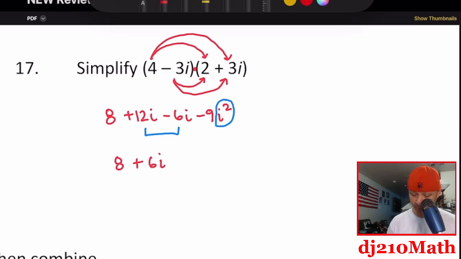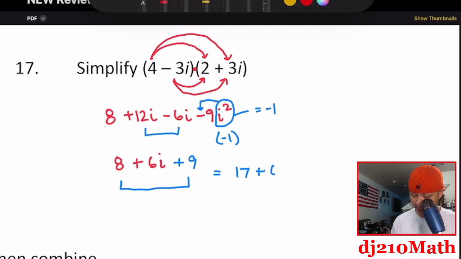The i squared, we just said in the previous problem, is equal to negative 1. So what is negative 9 times negative 1? Positive 9. Anytime you have i squared, all it's going to do is change this sign. That's literally all it does, because it's negative 1. And then last step, we can combine 8 and 9 to make 17. So 17 plus 6i.